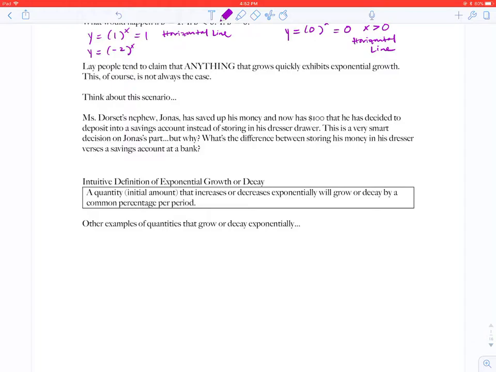In the example about Jonas, that initial amount, $100, would grow by a common percentage, which in this case would be 2%, right? If he earns 2% interest annually, and that period would be 1 year. So every year his money is going to increase by that common percentage of 2%.